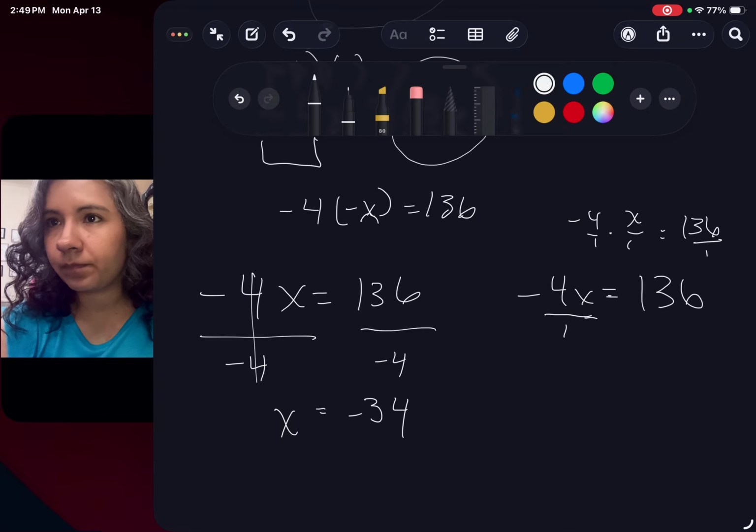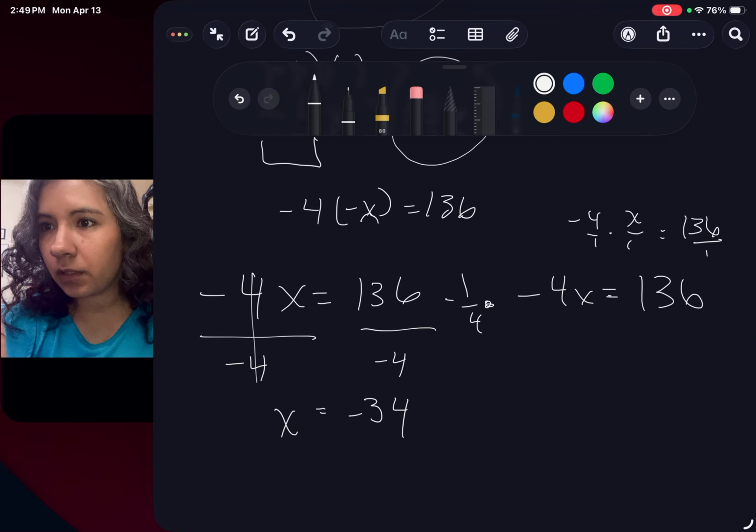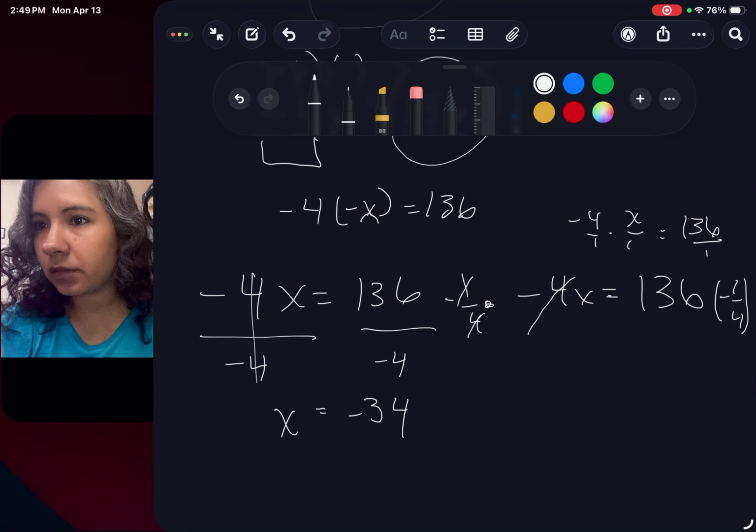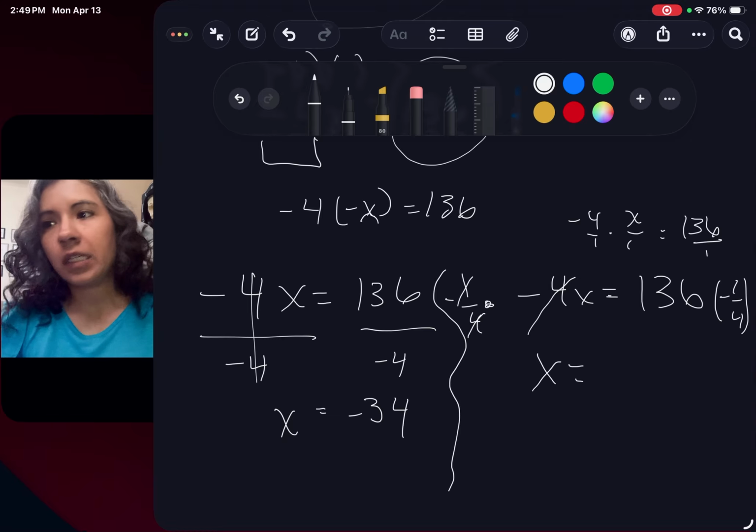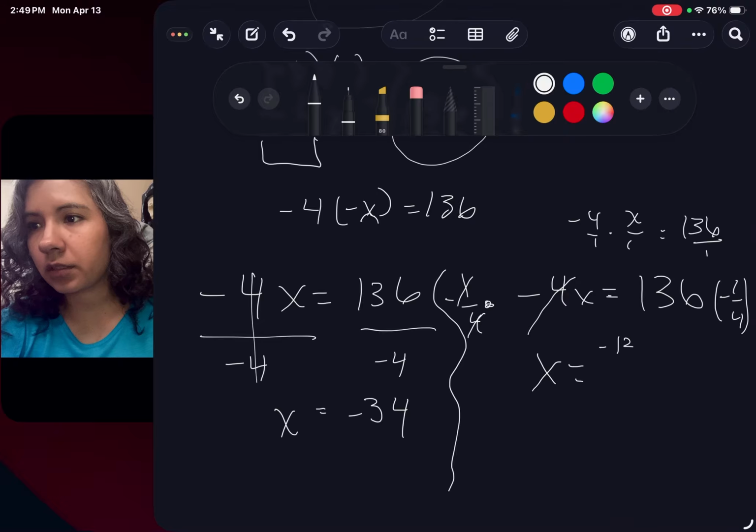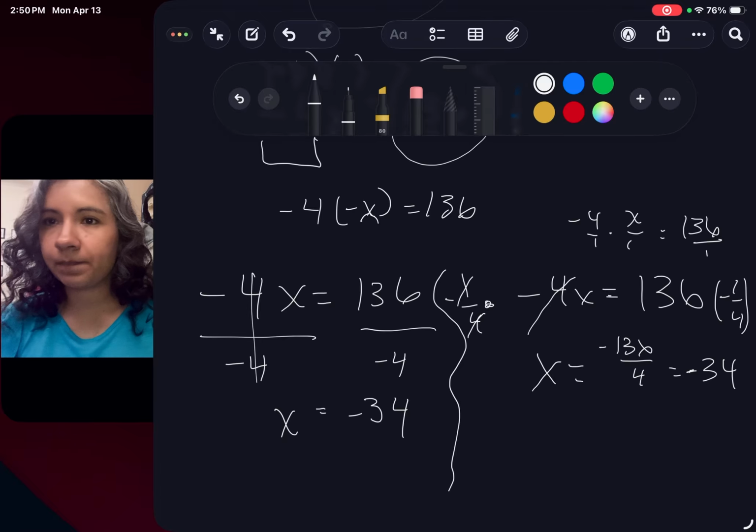So we can multiply by the reciprocal, which is negative 1/4, on both sides. That would cancel out and give us x equals negative 136 divided by 4, which is still negative 34.